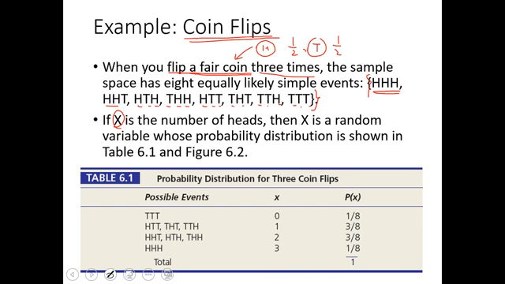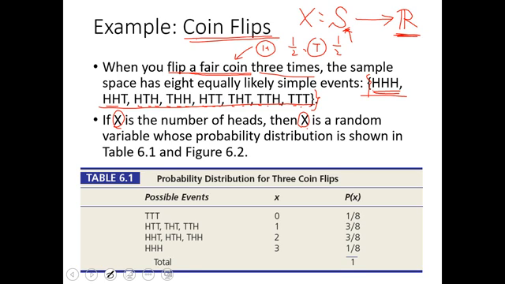A random variable is a function from the space to real numbers. So the random variable X is a function from the sample space S to R, the set of real numbers.